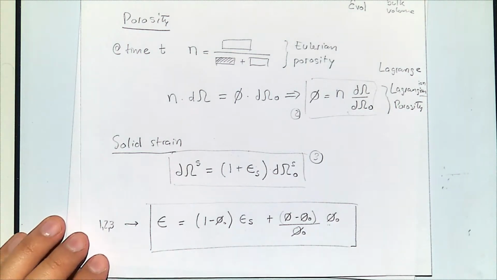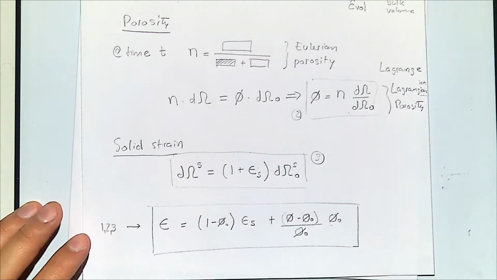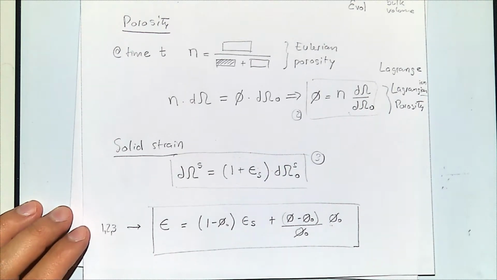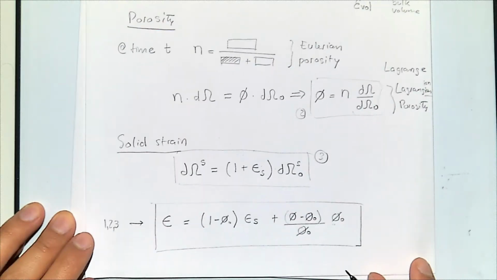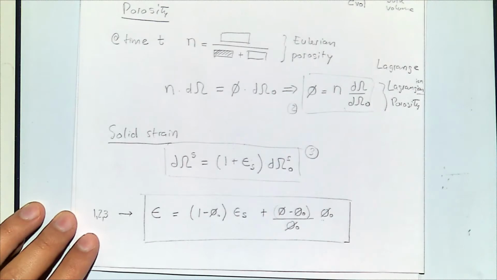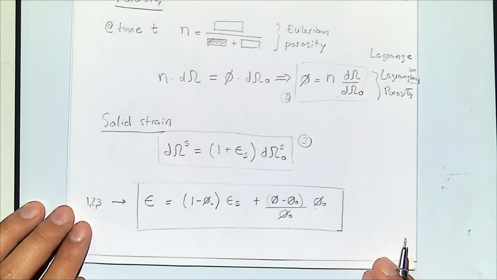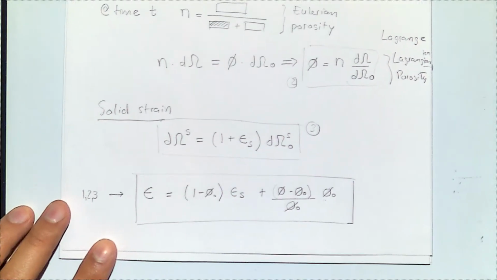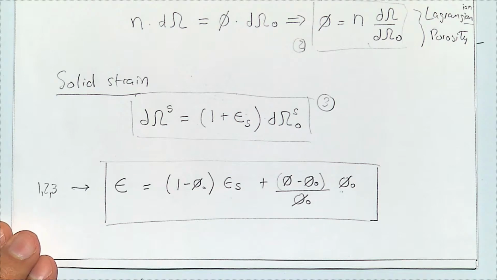However, in rocks, when we get to very high pressures and very high stresses, as we have in the deep subsurface, the minerals in the rock will also start to deform. That's why we have to consider now not only the change of porosity, but the change in the solid part.